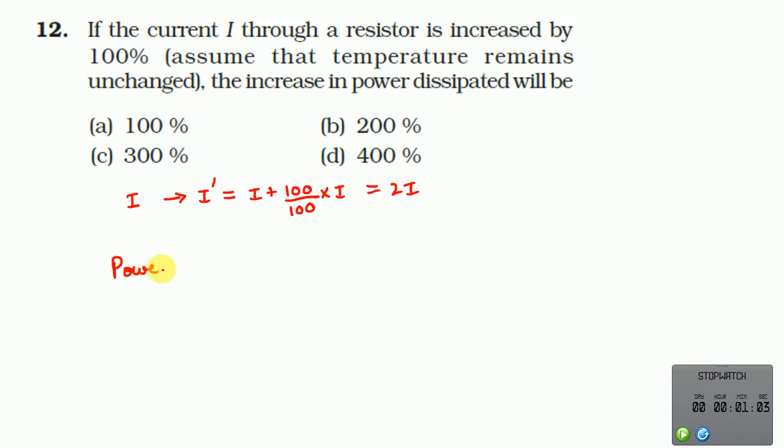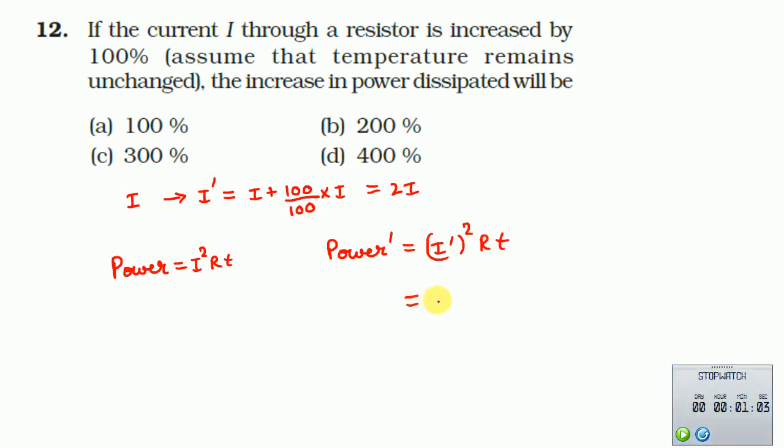Power when the current was I was P equal to I square R t. Now the new power P dash is I dash square R t. Since I dash is 2I, we get 4 I square R t, and the original is P equal to I square R t.